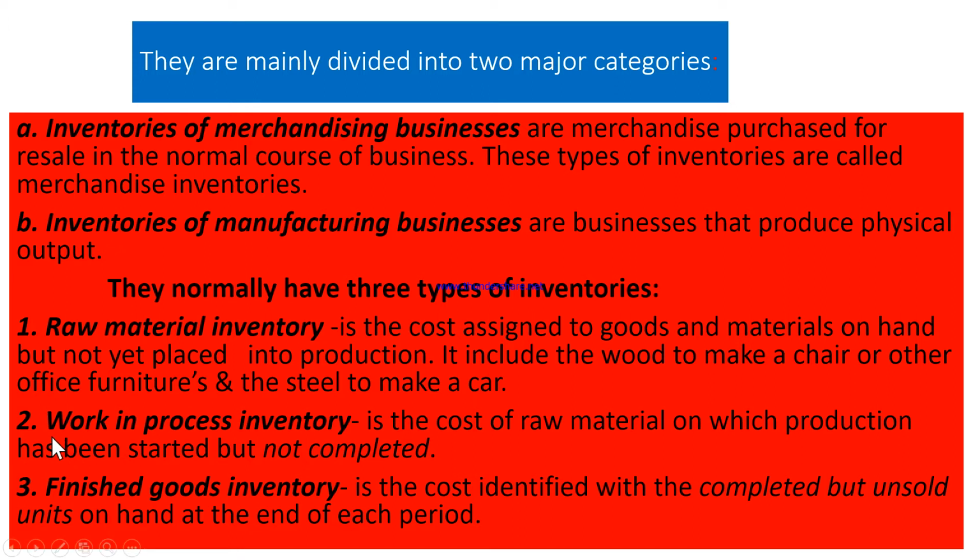The second type is work in process inventories. This is the cost of raw material on which production has been started but not completed. The third type is finished goods inventory. This is the cost of inventories identified with completed but unsold units on hand at the end of each period. They are completely finished goods.